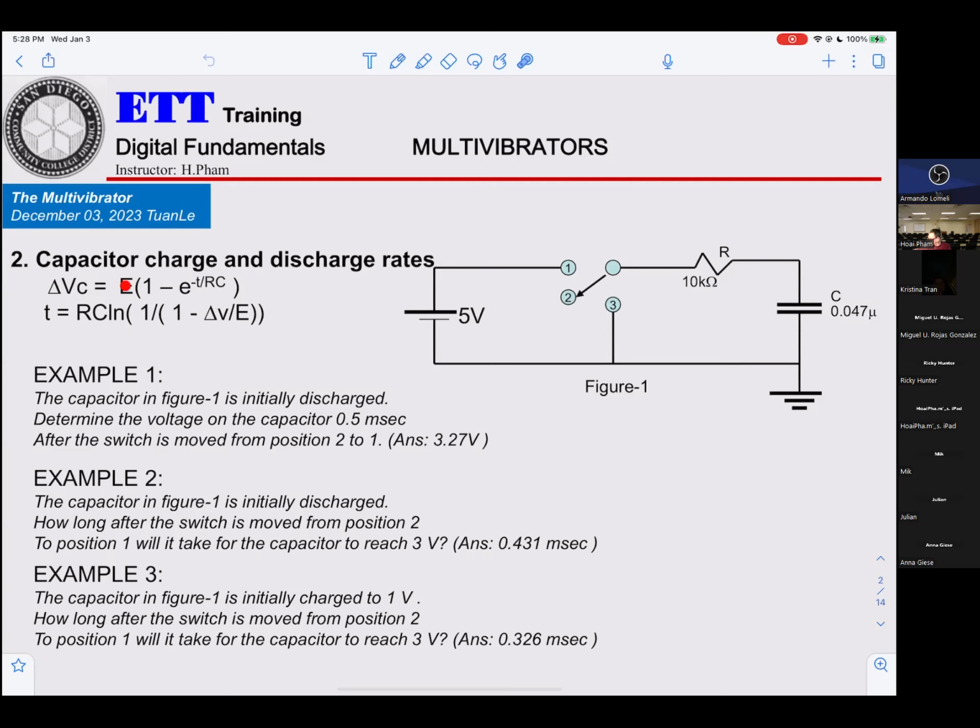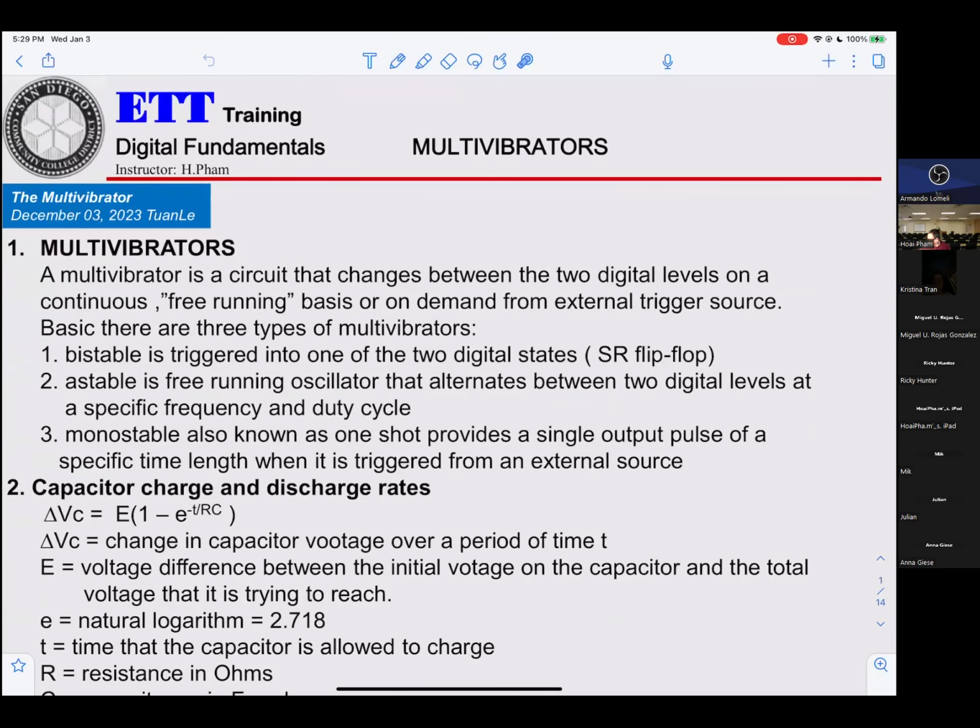E. Then you have to know what E equals. E, as you can see here, is the voltage difference between the initial voltage on the capacitor and the total voltage it is trying to reach.